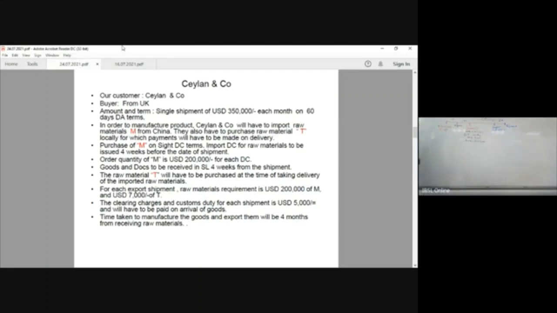Here we have to have sight LC facility. Sight LC we have to issue.